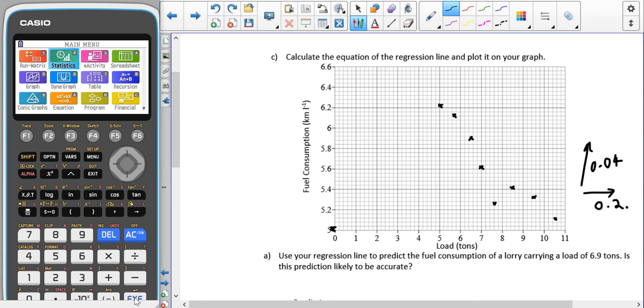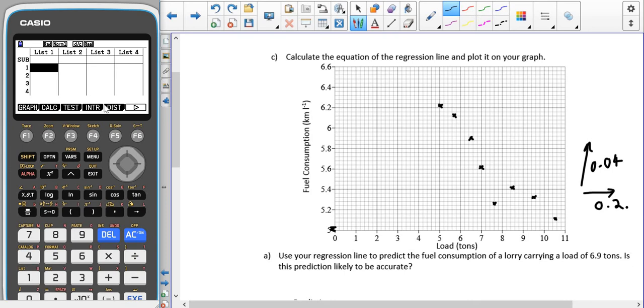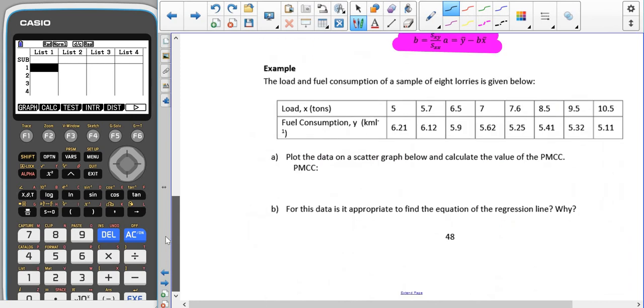So we're then asked to calculate the PMCC. I'm just going to flip back to the question. Now we need to type our data into the calculator as we did in the PMCC questions.